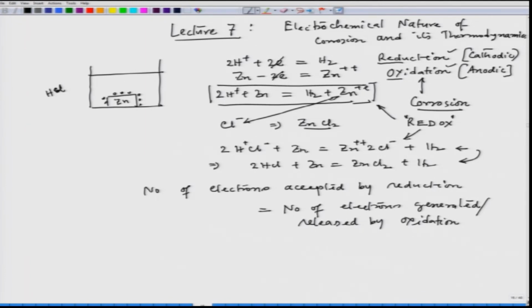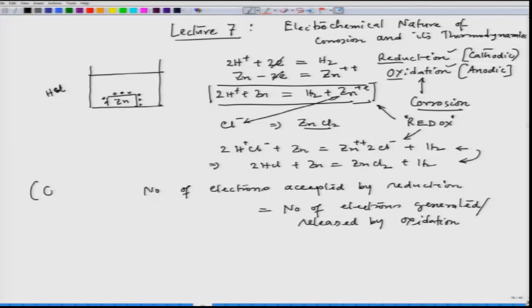Now, this also reflects a kind of rate aspect. Rate means per unit time. Now, if this particular reduction reaction is happening at a different rate than the second, oxidation reaction, then there will be a cumulative charge consumption. This is nothing but the consumption, and this is generation.